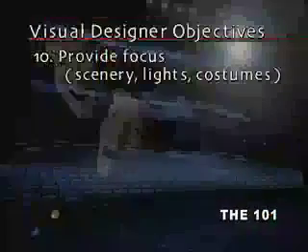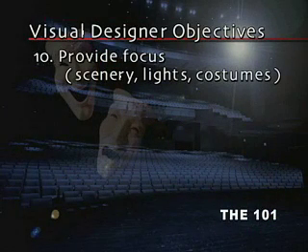Number 10, provide focus. This is true of scenery, costumes, and lights. All of these, in some way or the other, work together to help us know where to focus. Now, this is especially true in the theater, but also in film and television. But in film and television, there is another helper in terms of achieving focus, and of course, that is the camera itself.